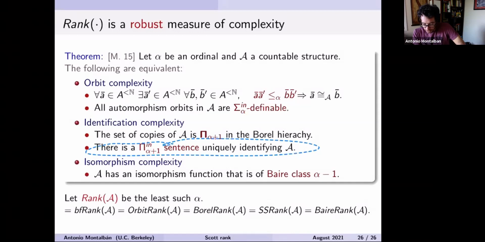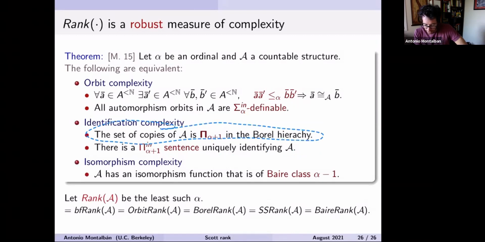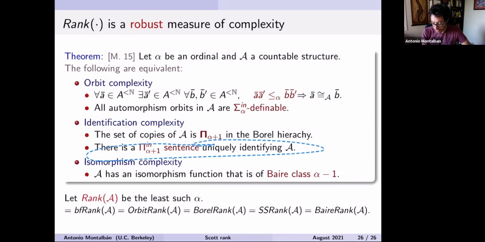To continue with this theorem, the fact that the copies are pi alpha in the Borel hierarchy, the same as this, is essentially a theorem of Lopez-Escobar. What I could do is next class talk a little bit more about this topology.